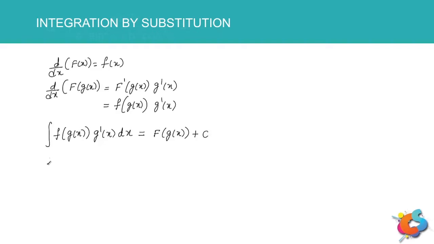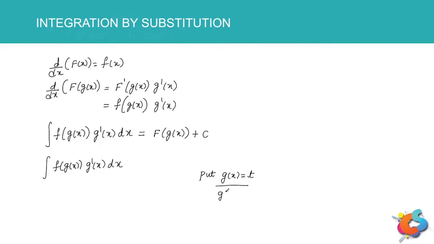Whenever the integral of f dash of g of x into g dash x dx is given, we will put g of x as some other variable t. We will differentiate this with respect to x.